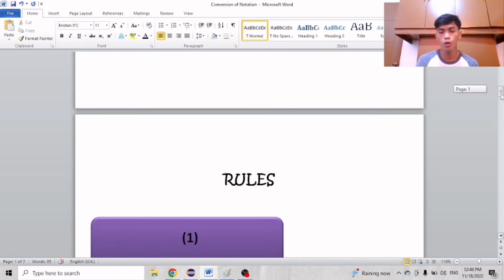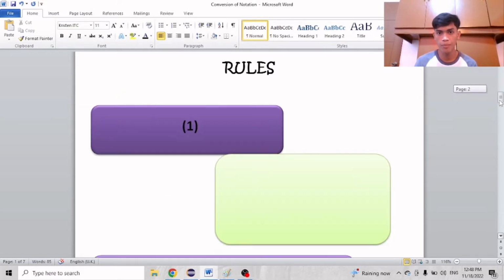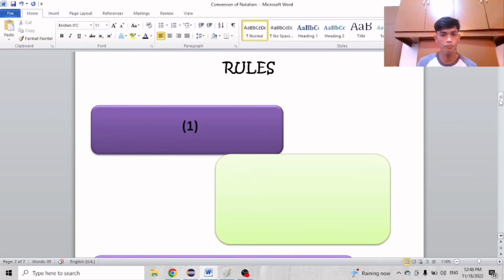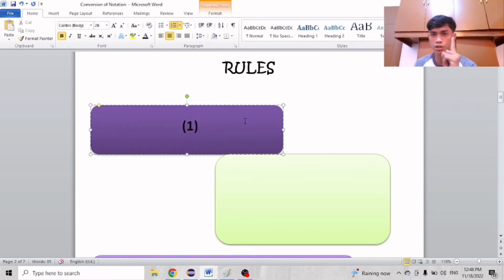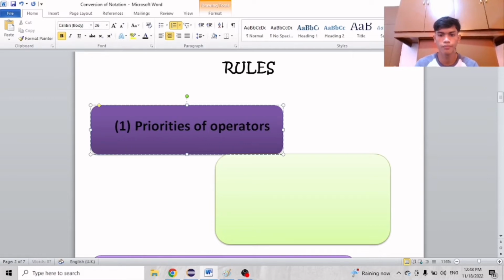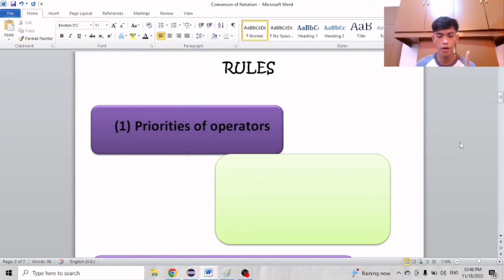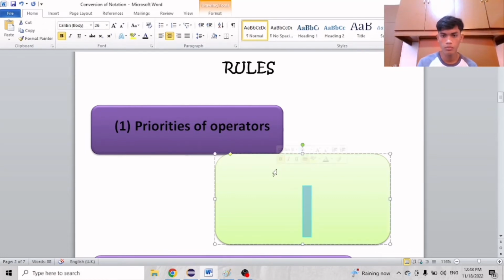Before we start the concrete example, there are rules, only 4 rules, but really important. What is the first rule? The first rule is the priorities of operators. This first rule is very important. There are 3 priorities.